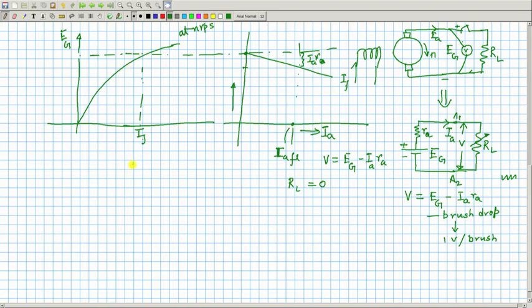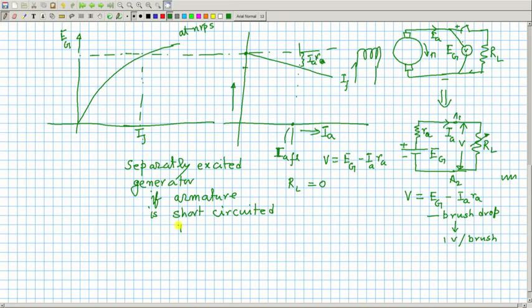So, it is a separately excited generator, and if the armature is short circuited, armature current will become equal to E g by R A. What is R A?